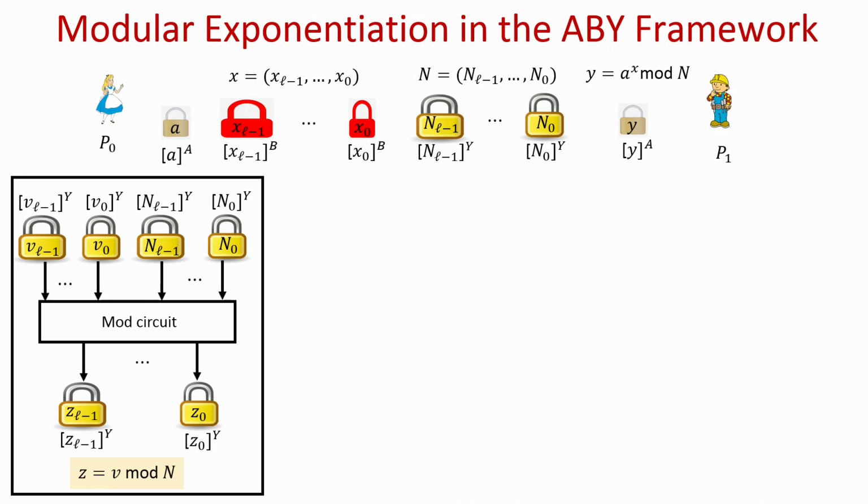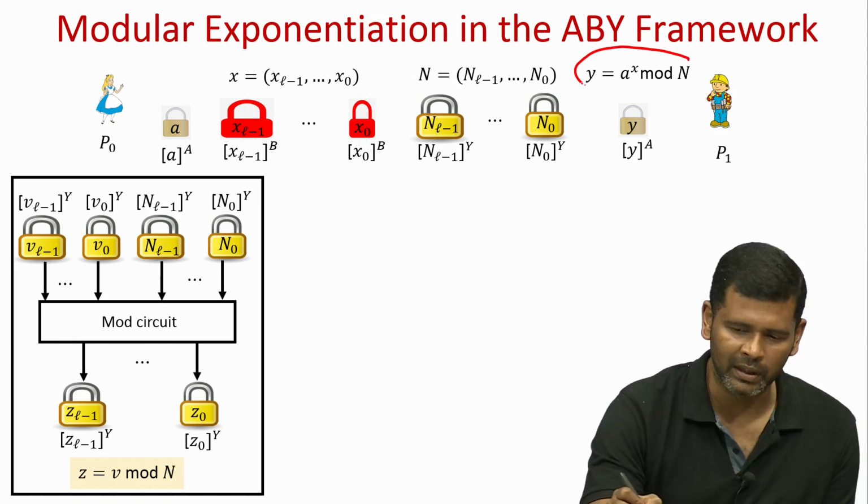Namely, the entire value z will not be secret shared, but rather the bits of z will be secret shared as per the Yau's representation. So, this is a circuit which will be evaluated to get this computation done.